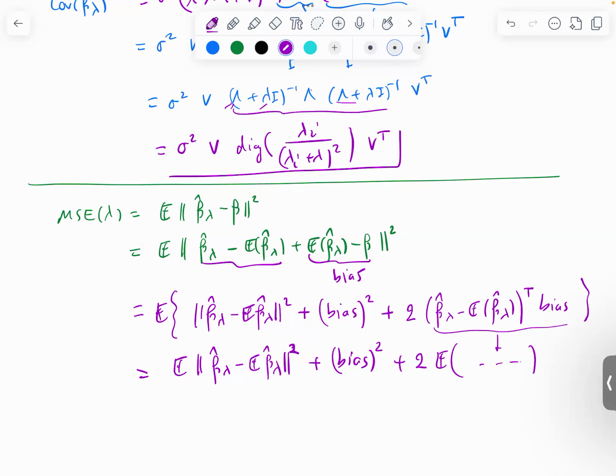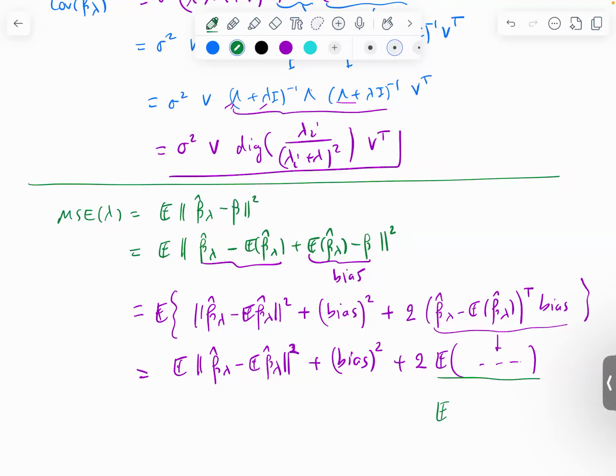Okay? And something happens to that expectation. That's a cross term. What happens to cross terms in lower division statistics courses? It's 0. It's a good guess: 99% of the time it's going to be 0 if you did it right. So why is this 0? The bias is constant, so it comes out.